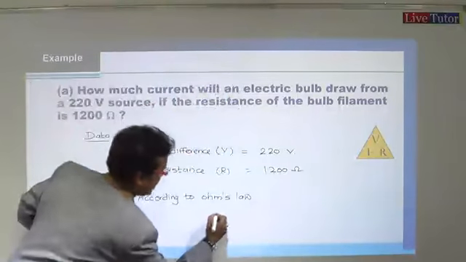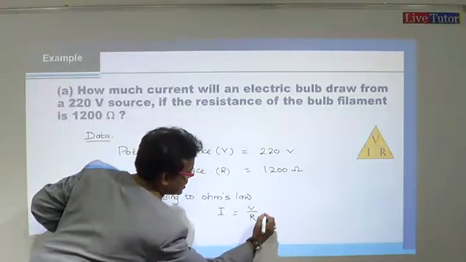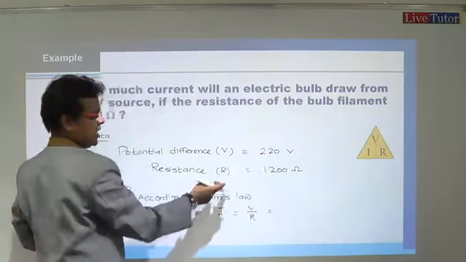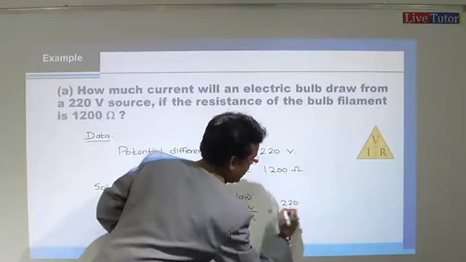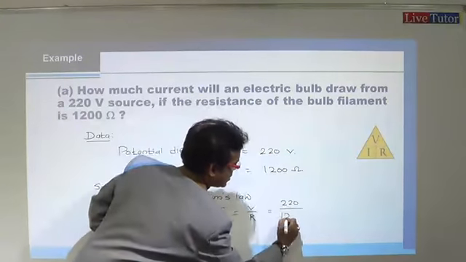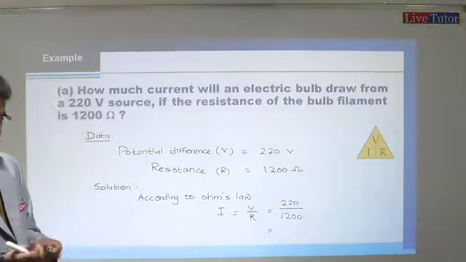So we have to write I is equal to V by R, which is 220 by 1200.